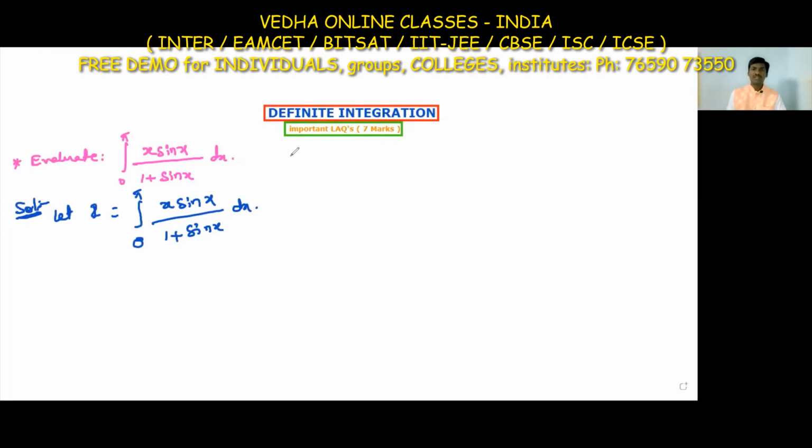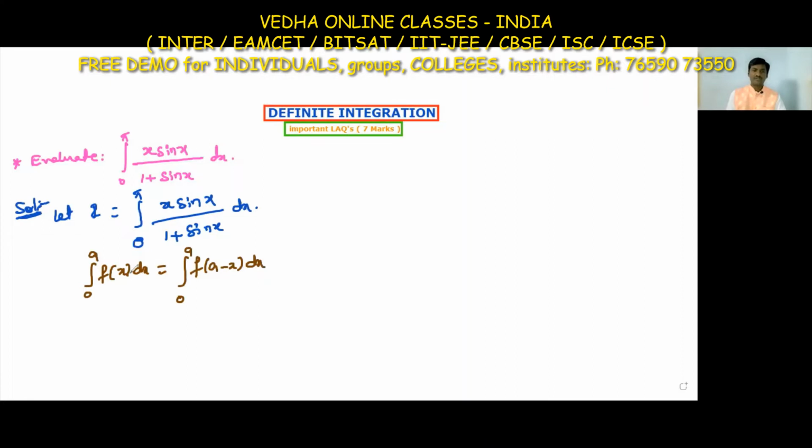What is the formula here? Main formula for this: integral of 0 to a f of x dx is equal to integral of 0 to a f of a minus x dx.